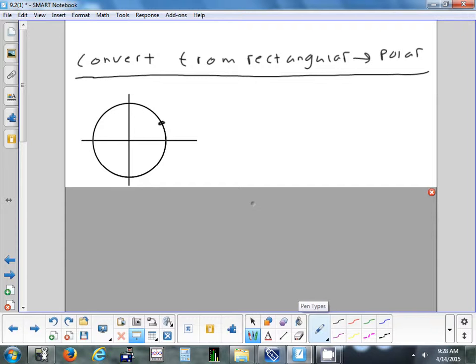Put a point anywhere you want, but put it in quadrant 1. And it's rectangular. So in rectangular, we're going to know the x value and we're going to know the y value. So we know how far over to the right, and we know how far up.